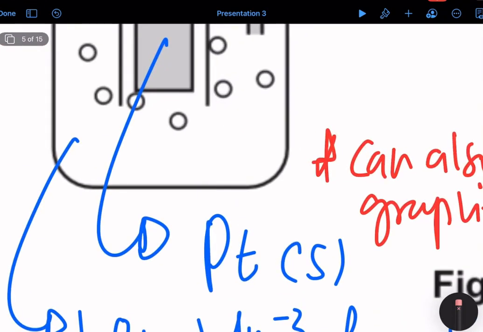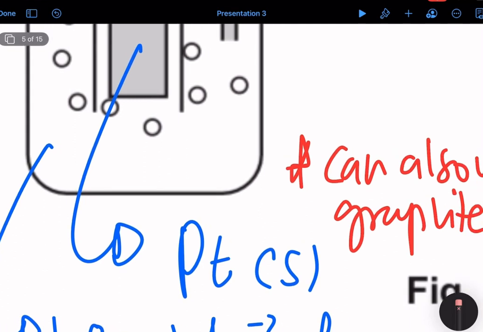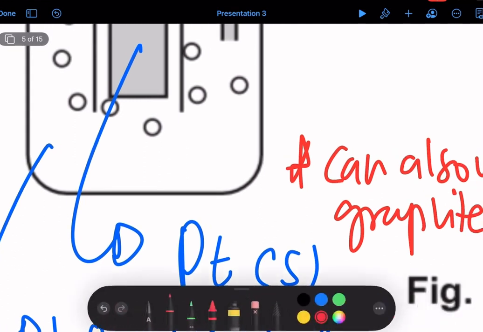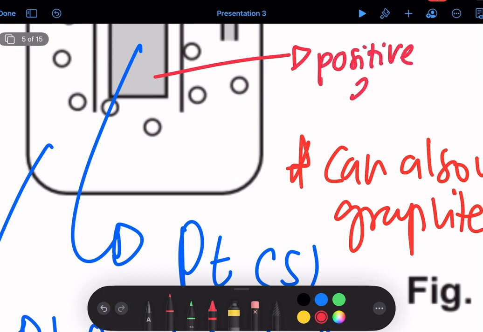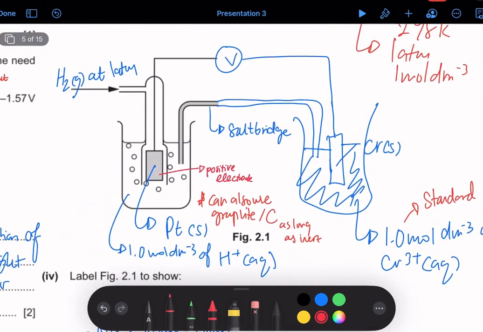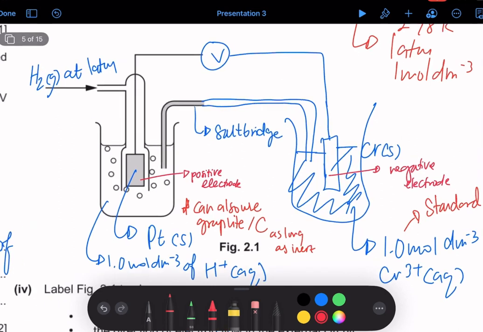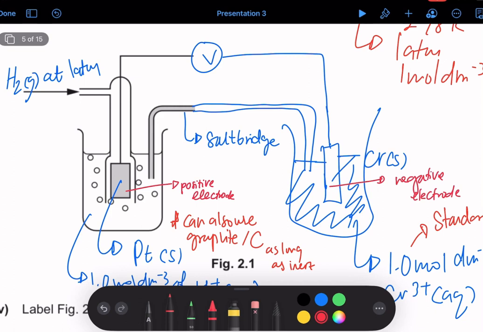Your platinum here is the positive electrode, and your chromium here is the negative electrode. So what is the flow of electrons? We know that electron is negative, so it flows anti-clockwise from your negative electrode to your positive electrode. So it's in this direction.